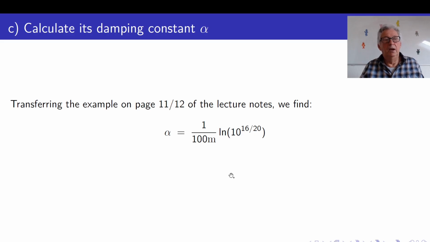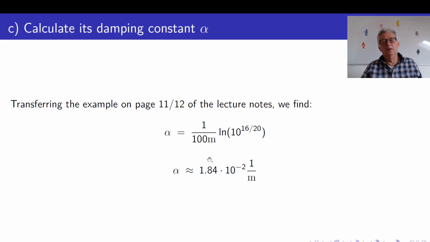And in the next step we can now calculate its damping constant. The cable manufacturer will give the damping constant normally in dB per meter, and in the lecture notes I give an example, and if I transfer this example to this problem, then we end up for alpha in this equation.